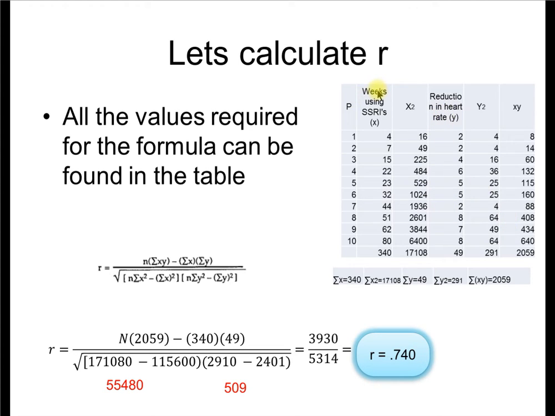In other words, as the number of weeks using SSRIs continues, so too does the reduction in... sorry, I'm confusing myself. So the weeks go up, so does the reduction in heart rate increase. So we're talking about an increase in the reduction, so that's a bit confusing. Poor wording in that case, but you get the idea.